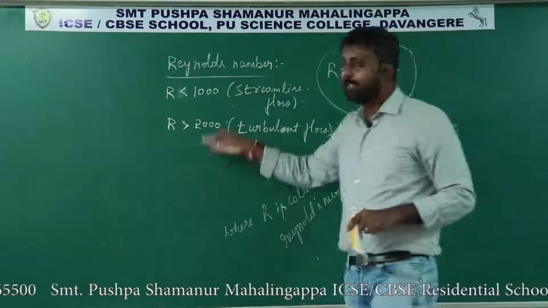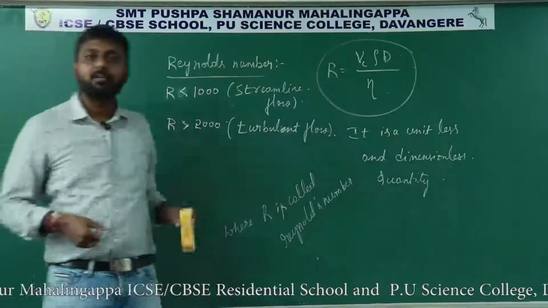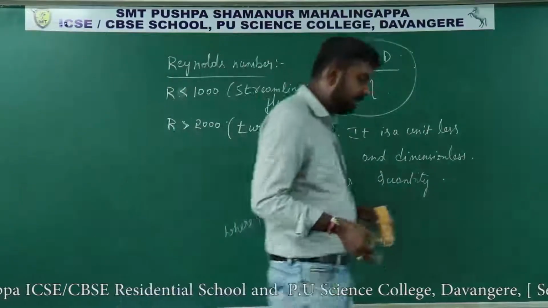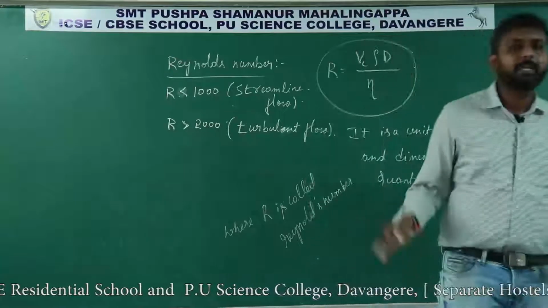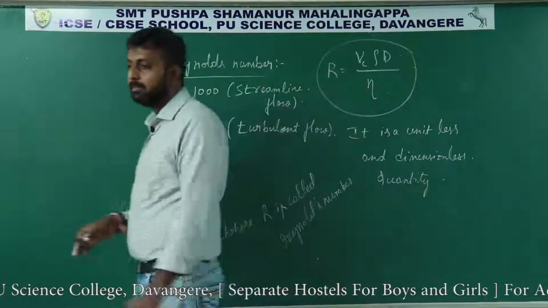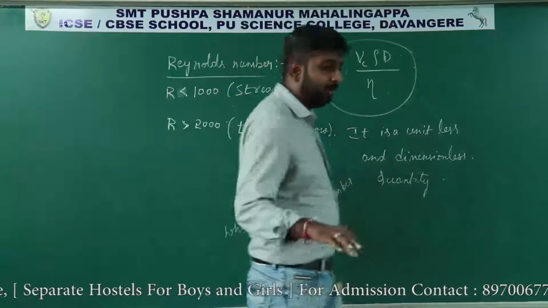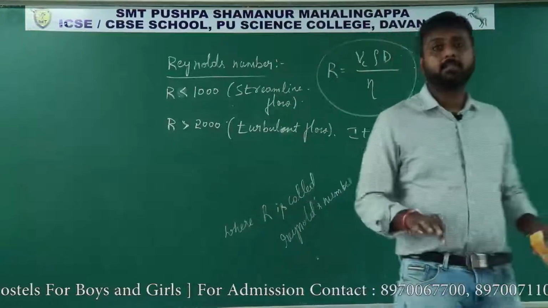Then if the value of Reynolds number comes between 1000 and 2000, we cannot predict the motion. Either it may be streamline or it may be turbulent, depending upon the surrounding disturbances.